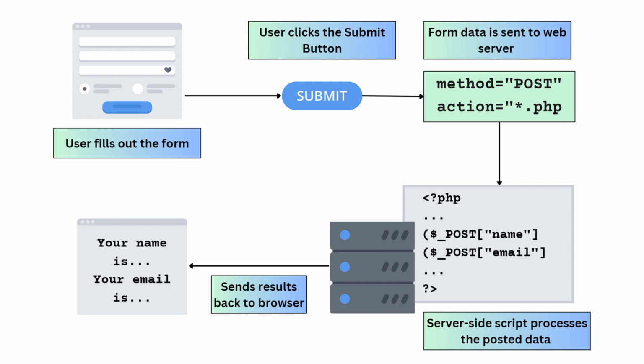The user fills out the form and clicks the submit button. The form data is sent to the web server using the POST method, to wherever the script is, which is given as the action value. The server-side script then processes the posted data and sends the results back to the browser.